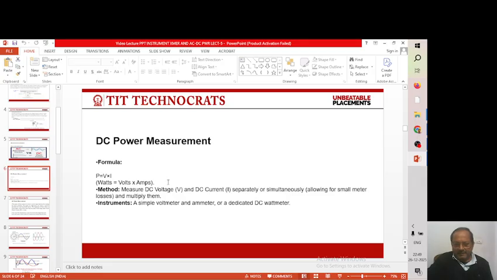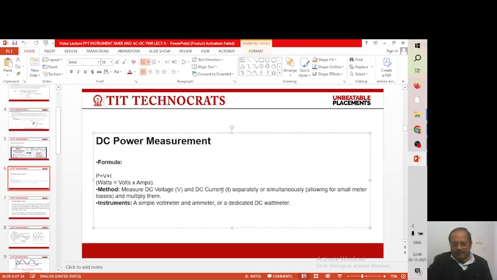Power is measured in watt, which means the unit of power is watt. So this is a simple fundamental of a DC circuit.